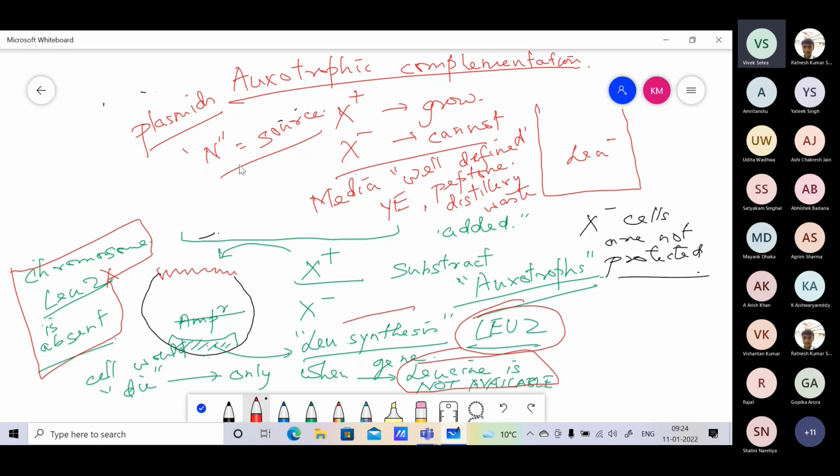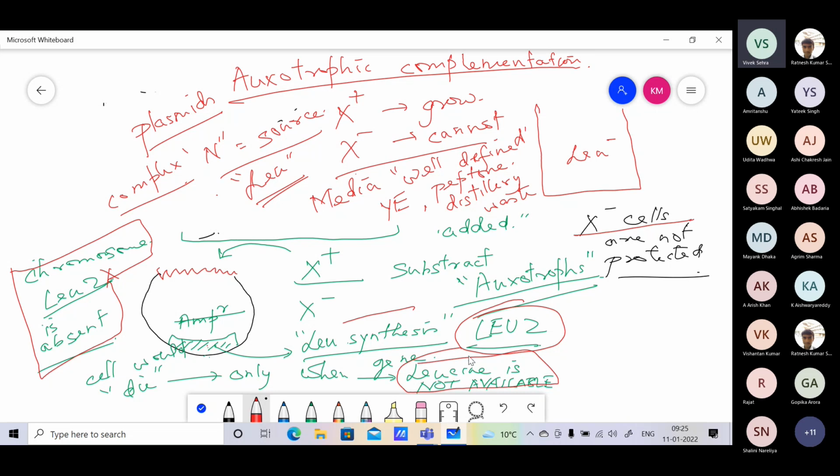But unfortunately, this complex nitrogen source, which is a very cheap and easy raw material for bacterial growth, suddenly becomes non-usable because it also contains leucine. So you end up in a situation where you can no longer use complex nitrogen sources because leucine is also being provided. So X minus cells will actually be protected because they can also grow, whereas you want to ensure that leucine is not available.